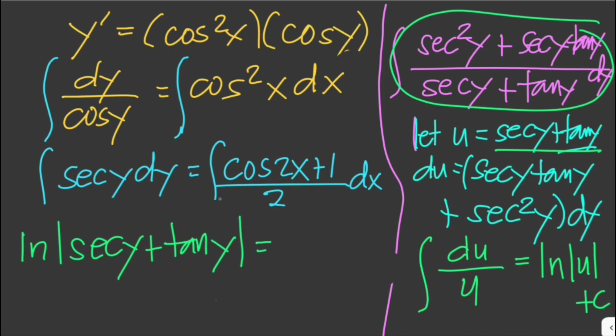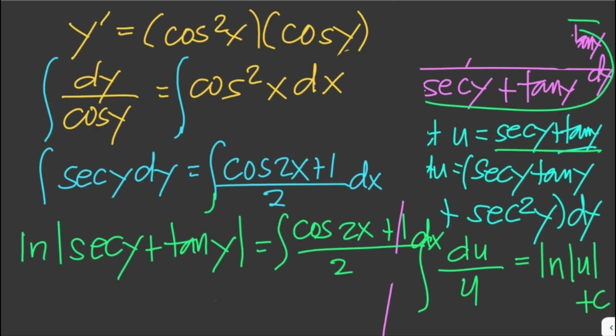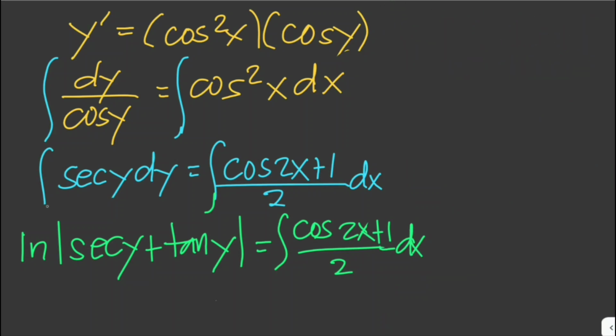And then we copy the expression on the right side, which is the integral of (cosine 2x plus 1) over 2 dx. Now we're done with the equation on the left. We've already solved it, and that is equal to the ln of secant y plus tangent y.